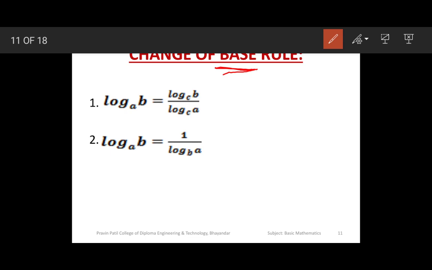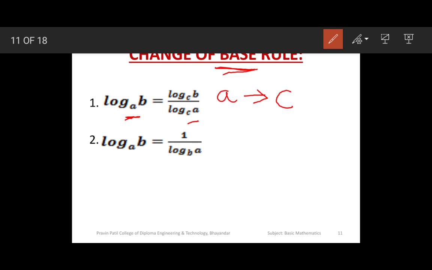Earlier, the base of log is A, and I want to convert this base into C. I don't want the base of log as A. I want the base of log as C. So how can I convert the base of the log?